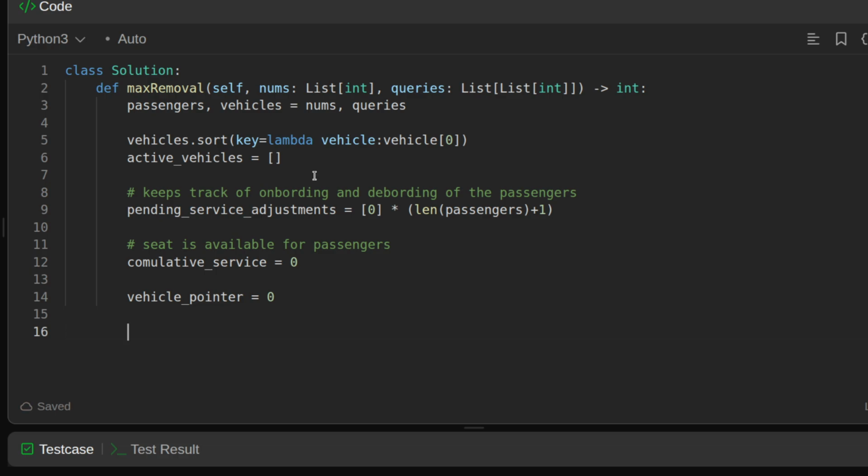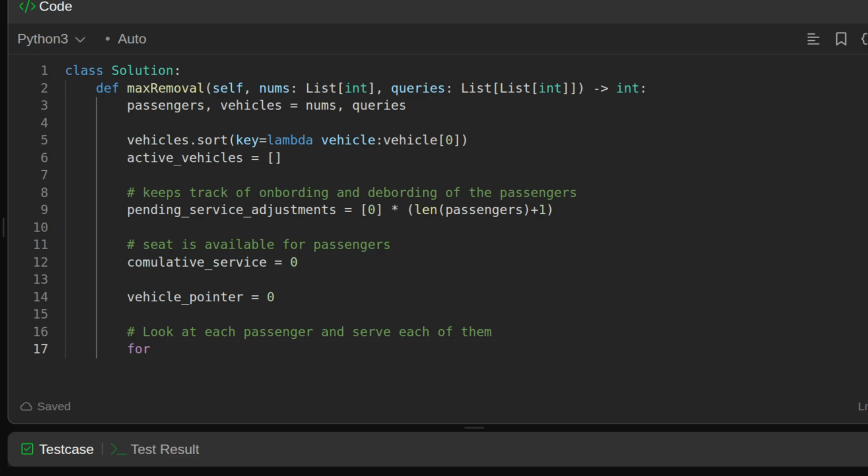How many passengers, because we need to look at each passenger and serve each of them, right?